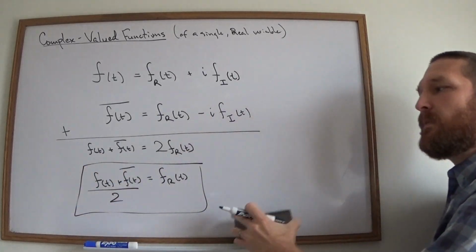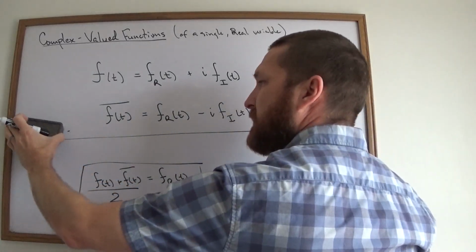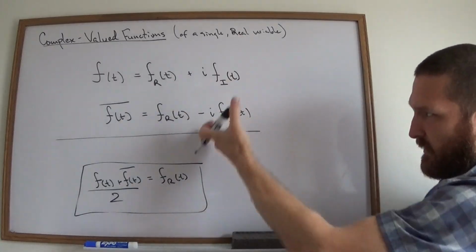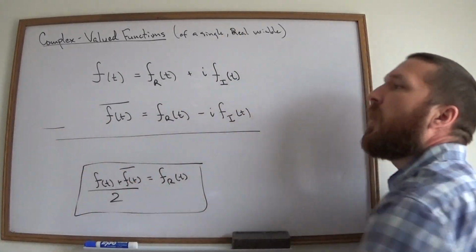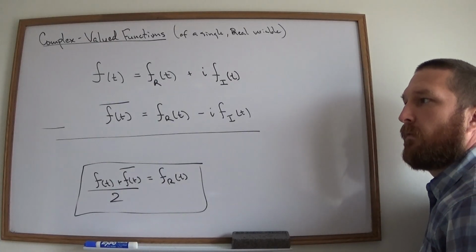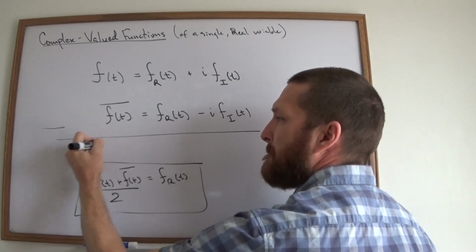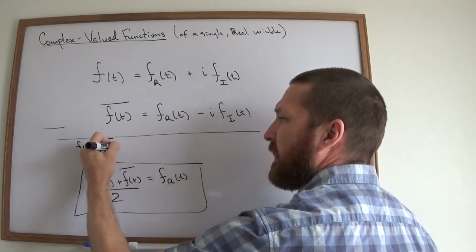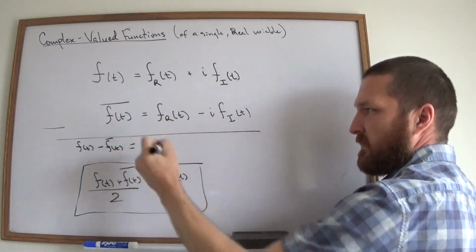If I want to obtain just the imaginary part, I could do a similar thing where I take this function, take its conjugate, and subtract off the conjugate. So on the left-hand side, I have f of t minus the conjugate of f, and this minus this is a big fat 0.